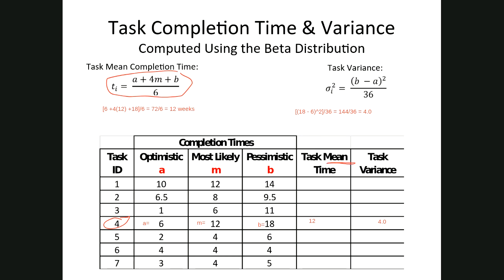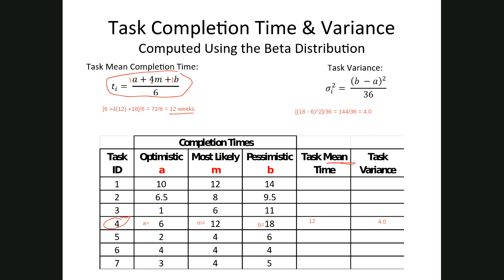There's one part of the optimistic, 4 parts of the most likely, and 1 part of the pessimistic. So there are 6 parts, since 1, 4, and 1 is 6, and we divide by 6 to get this average. In this case, for task 4, it is 12 weeks.